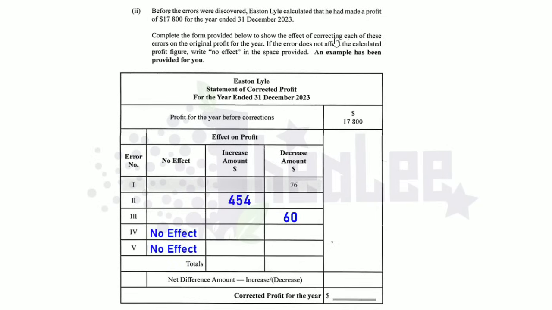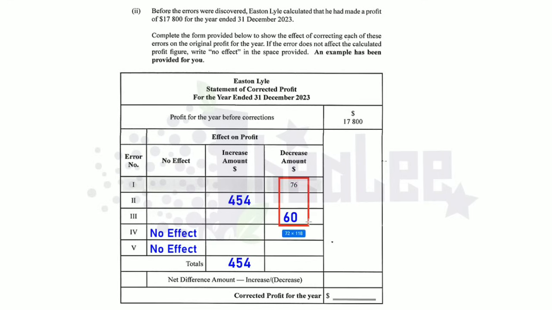Now, based on the form that we're presented with, we are required to enter the totals. So for the increase amount, we only have a value of $454. And for the decrease, we have the 76 that is coming from error number 1, indicating a decrease.